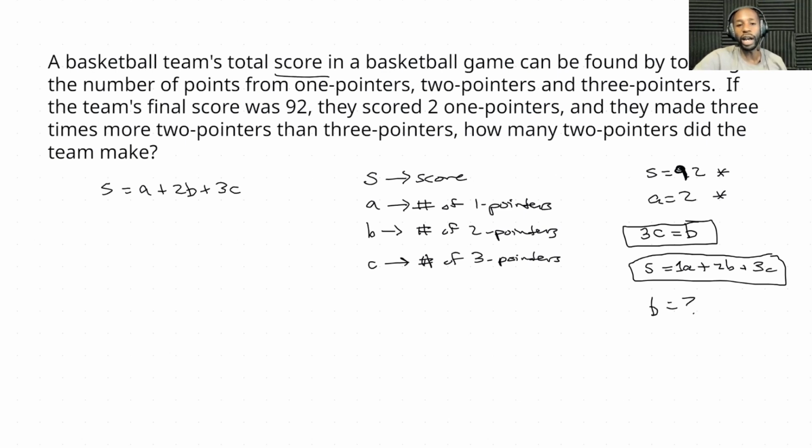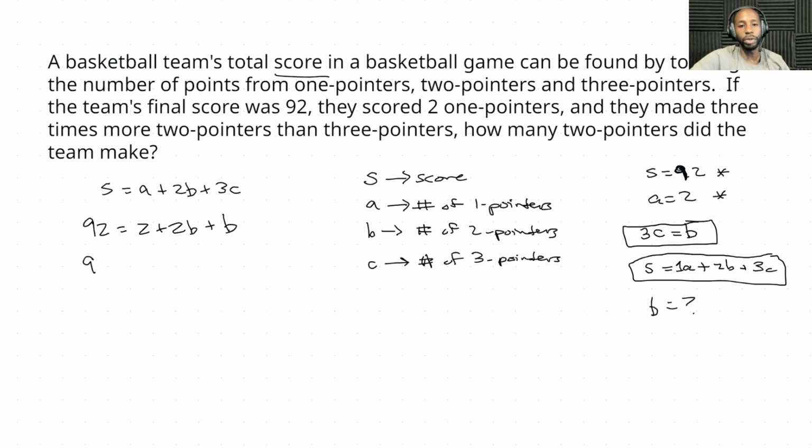Why? Because we're trying to find B. So since I already know this and this, if I can eliminate this unknown by subbing in how it relates to B, then we'll only have B as an unknown. Okay. So S, which is 92, equals A, which is 2, plus 2B, plus, instead of 3C, we're going to put B, because B is equal to 3C.